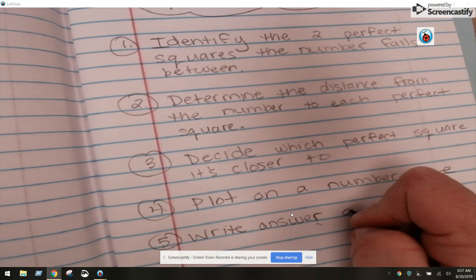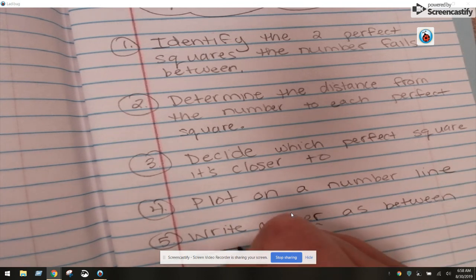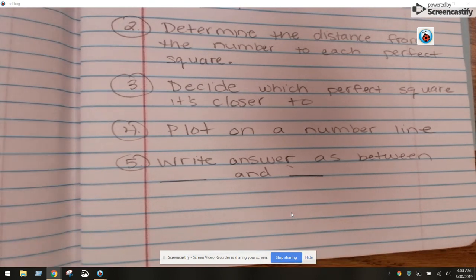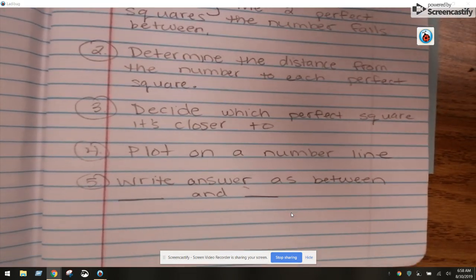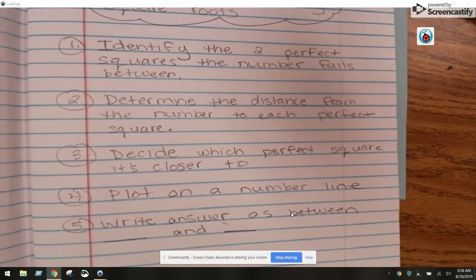Write answer as between blank and blank. So between the nearest 0.5. Okay. So I'll zoom out a little bit because I know I went really fast, so that you can always pause it too. But those would be our steps that we would use for approximating square roots. And that's good to have in your notebook in case you forget as time goes on.